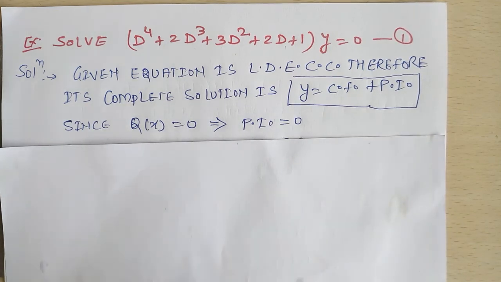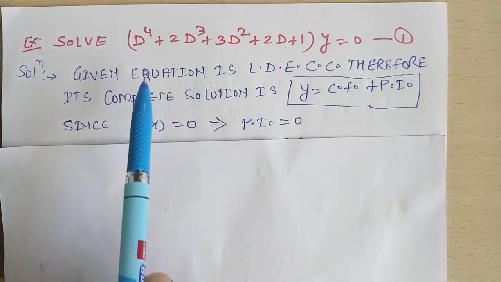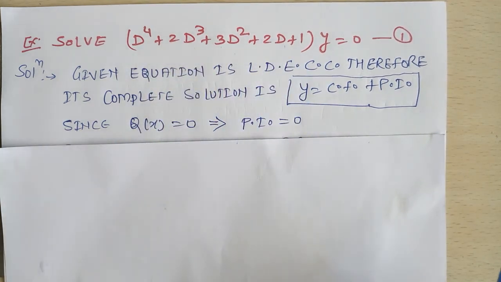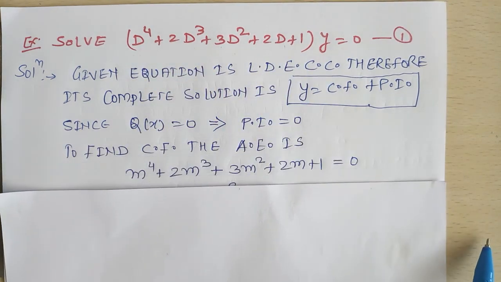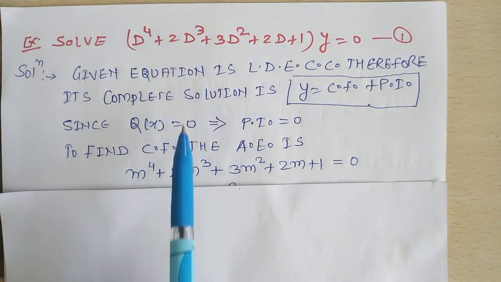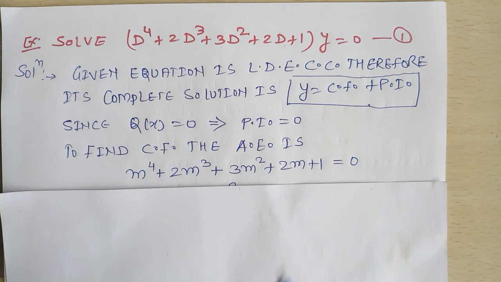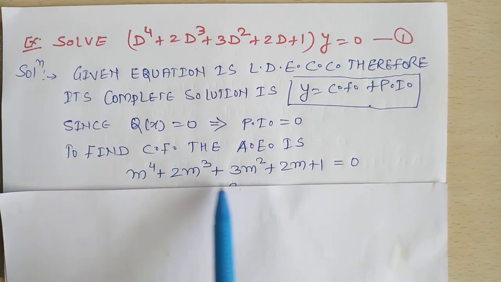Now to find CF, we have to write the auxiliary equation, which can be obtained by simply replacing D by m and equating to 0. So the auxiliary equation is m power 4 plus 2m cube plus 3m square plus 2m plus 1 equal to 0. Now this is the whole square of m square plus m plus 1.